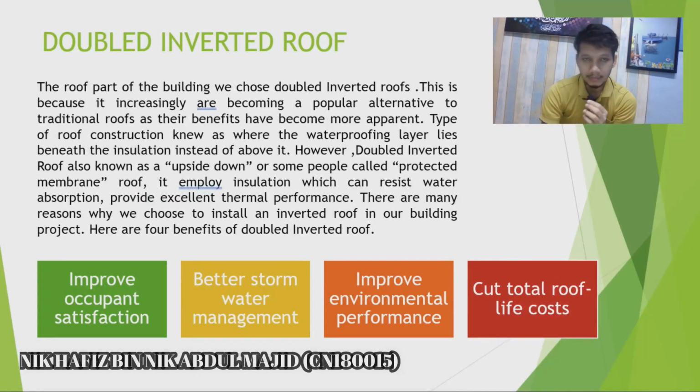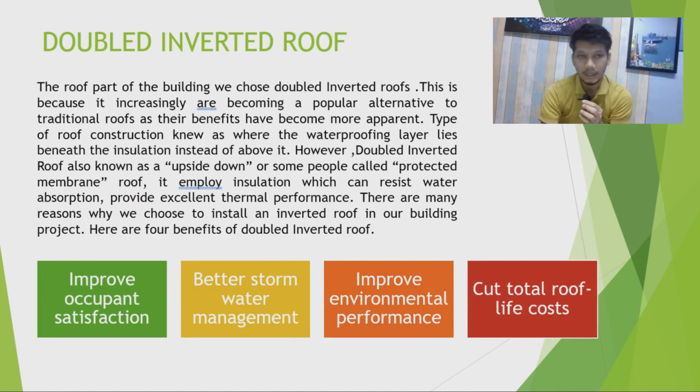So I will present about the double inverted roof and the conclusion. The roof part of the building we choose is the double inverted roof. This is because it is increasingly becoming a popular alternative to traditional roof as their benefits have become more apparent.